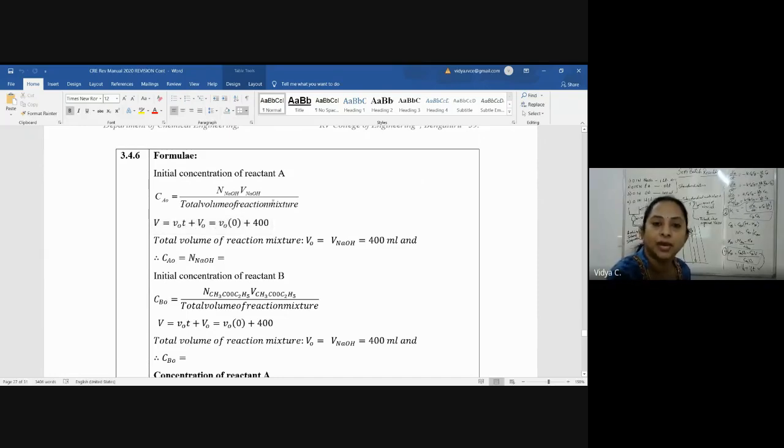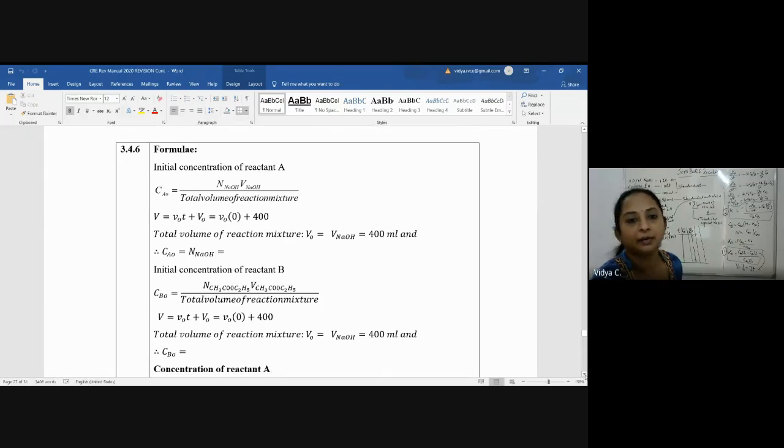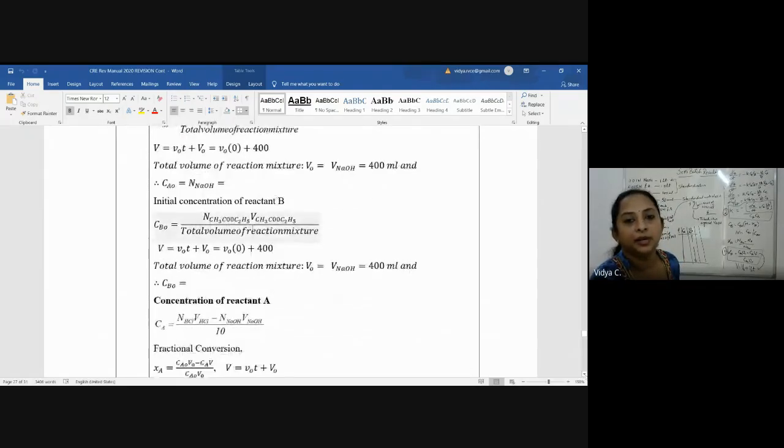So the total volume of reaction mixture will still be 400 ml, though there is a drop of reactant B. That is how you can find the Cb naught value.